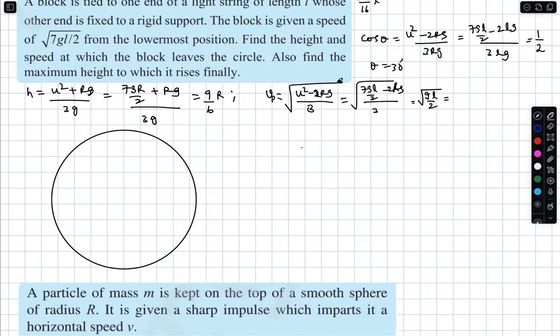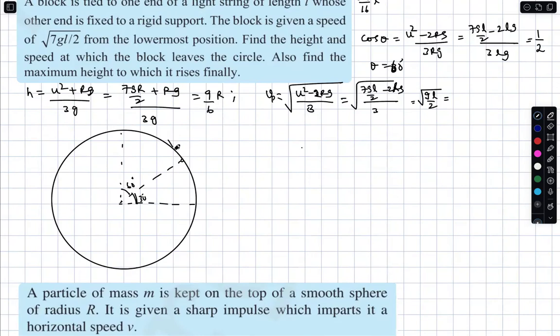I uttered 60, written 30, but I am sure I am correct. Why, I will explain. This is 60, this is 30 degrees.